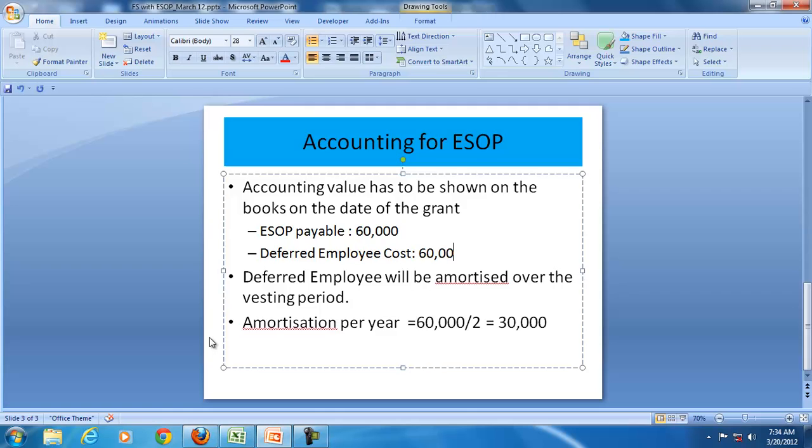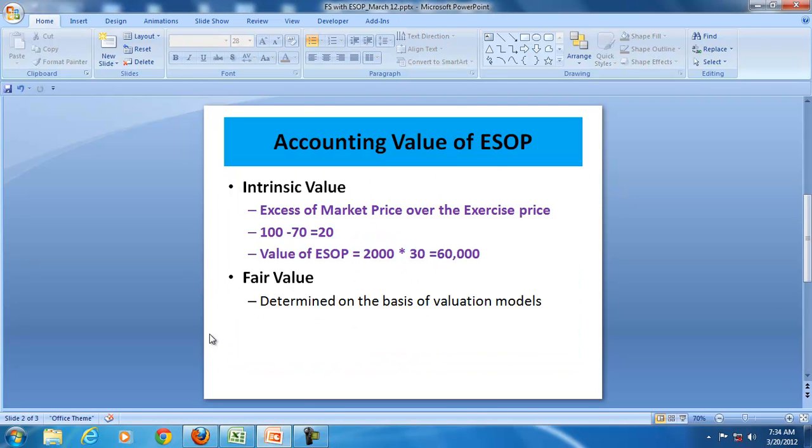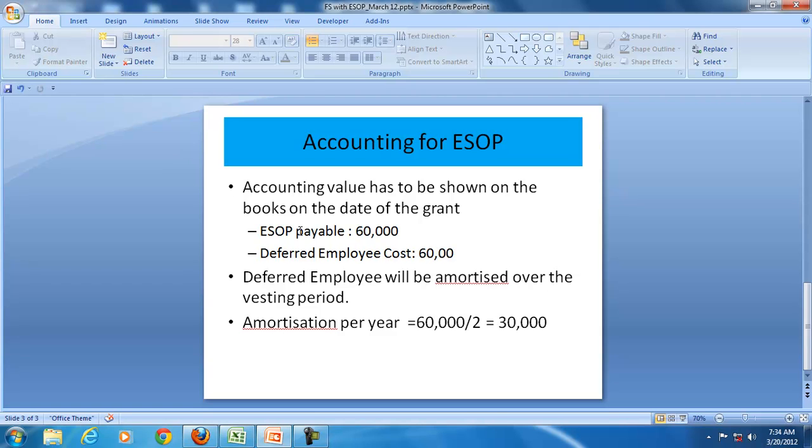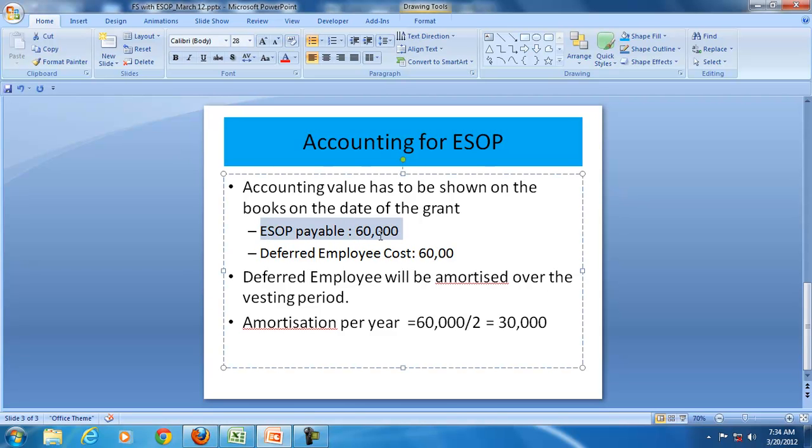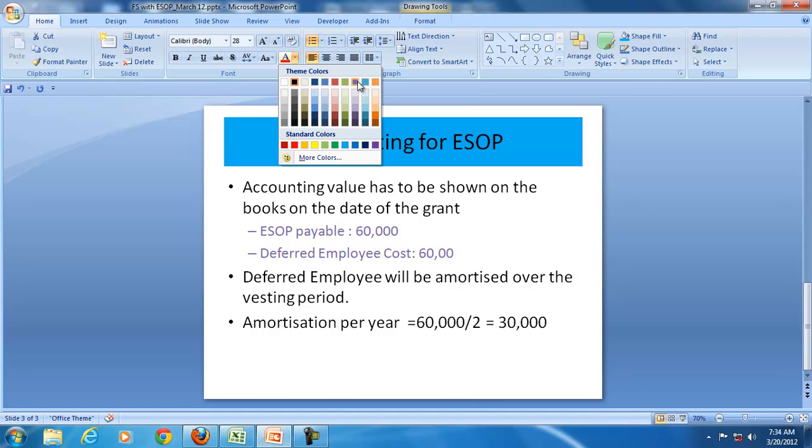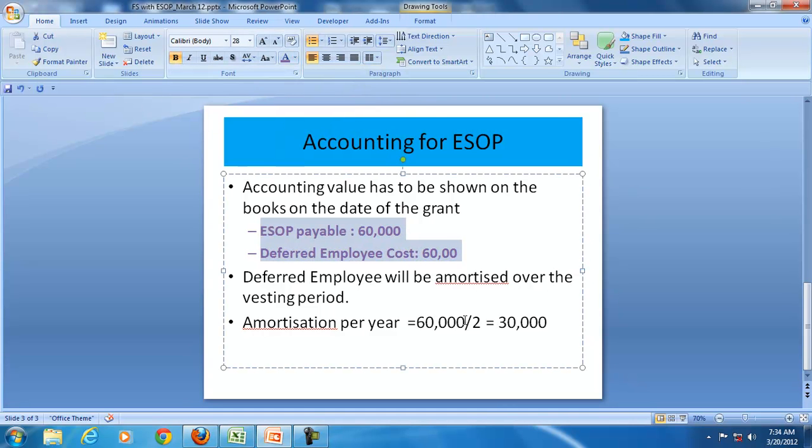So find the value of the ESOP as intrinsic value or fair value, recognize that on the asset side and the corresponding sources side, which in this case is 60,000, 60,000.